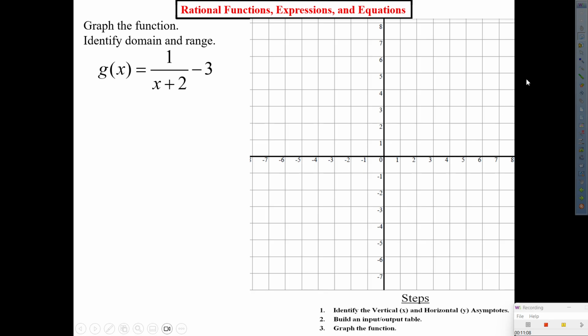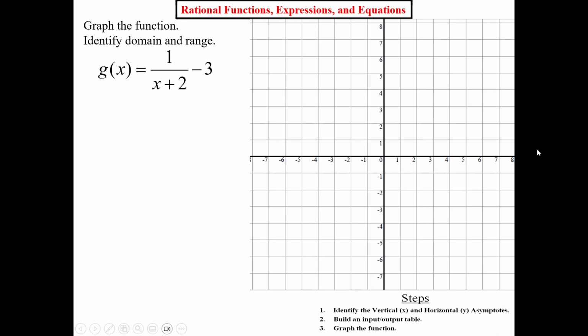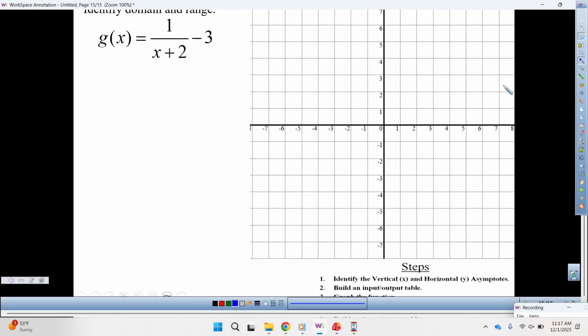Get your graph in front of you. Copy that one. Example Q. Example Q says graph g of x equals 1 over x plus 2 minus 3. So step 1, we always graph f of x equals 1 over x.